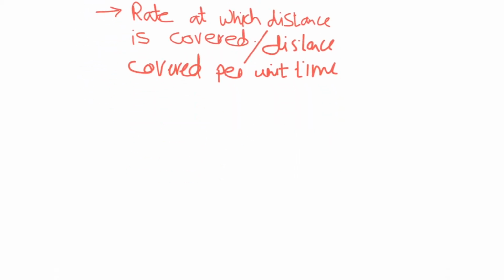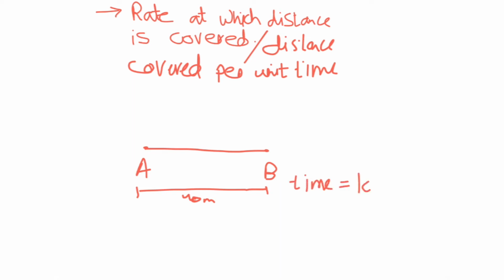So let's say an object is moving from point A to point B, and the distance from A to B is, let's say, 40 meters, and the time it took for the object to move from point A to B was, let's say, 10 seconds.